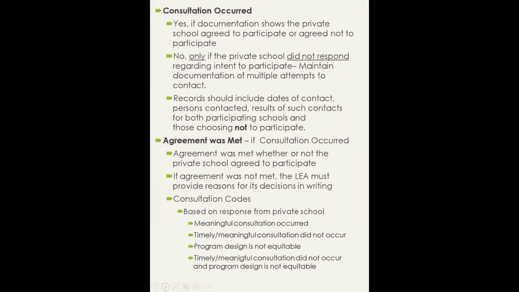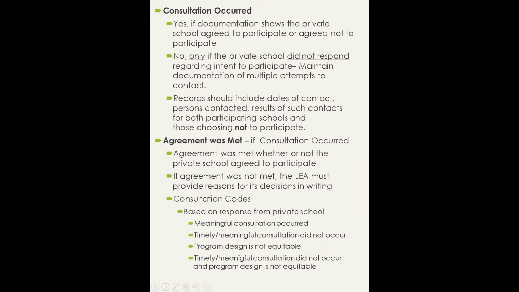You would need to put no only if you didn't get a response back from the private school regarding their intent to participate. That doesn't necessarily mean you did anything wrong. You need to maintain documentation of multiple attempts to contact. This is not going to result in any kind of error message.